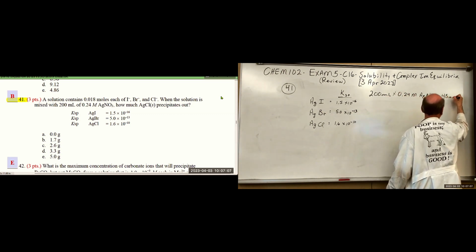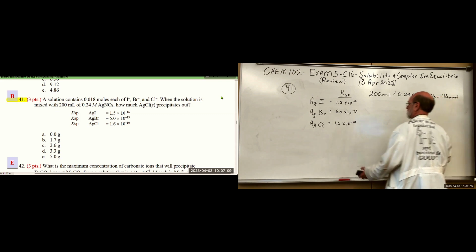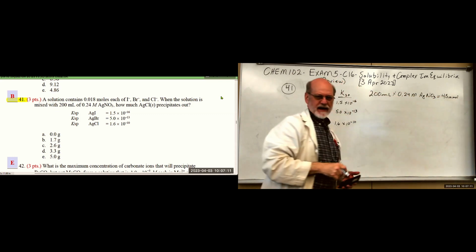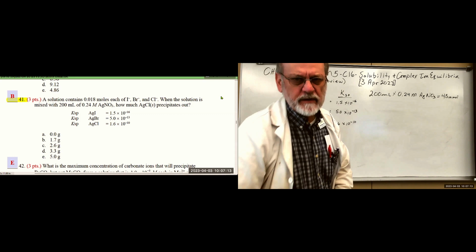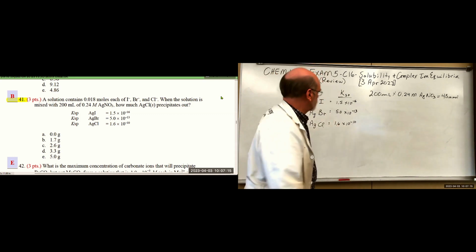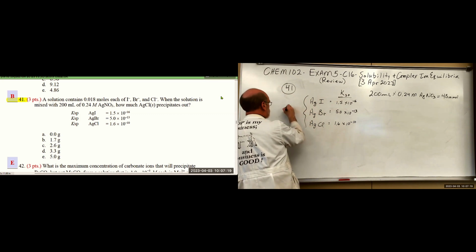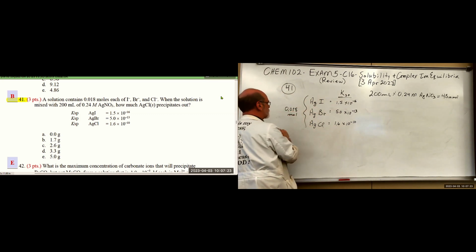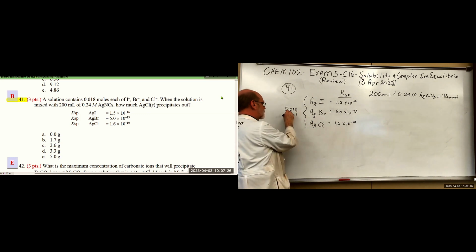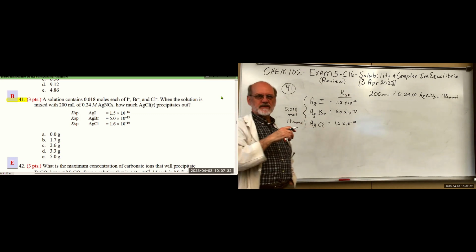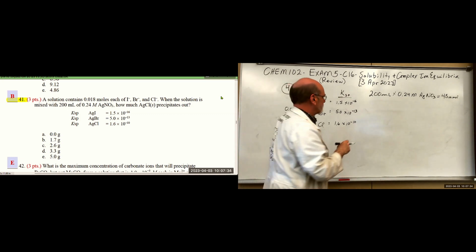How much of each of the others are we starting out with? 0.018 moles of each one, which is how many millimoles? 18 millimoles. I like working with millimoles because you don't have to deal with decimals so much.